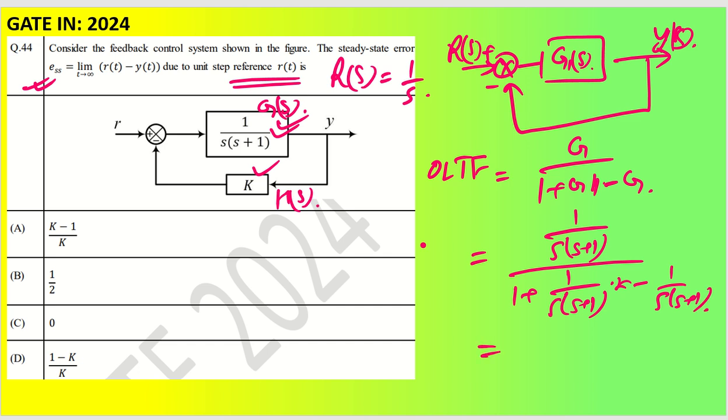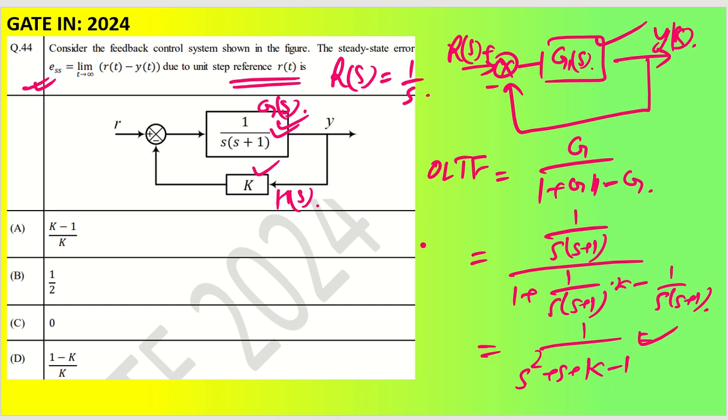If you solve this, what you will get? 1 by s square plus s plus K minus 1, I am putting it directly. So this is my open loop transfer function.